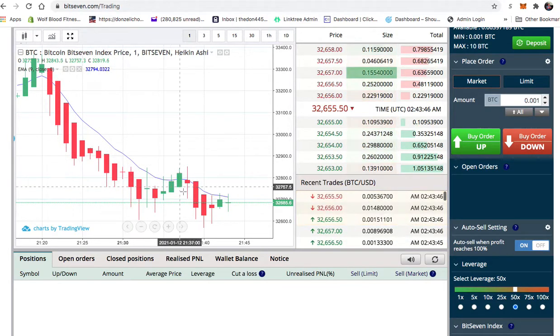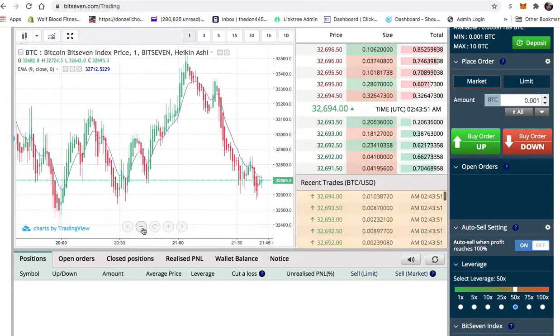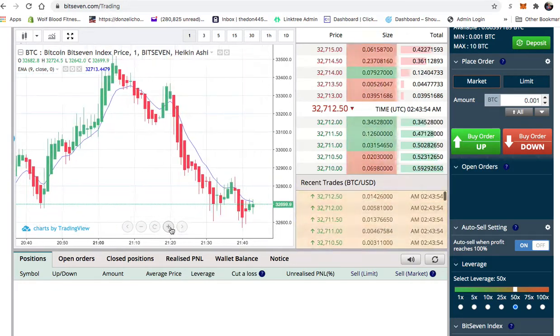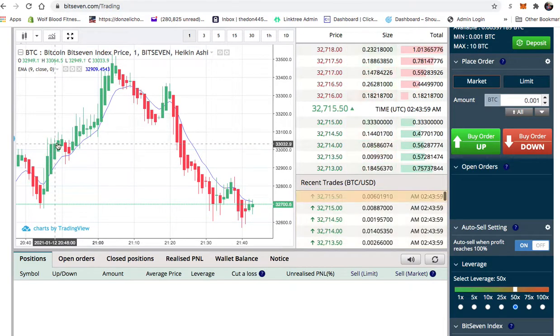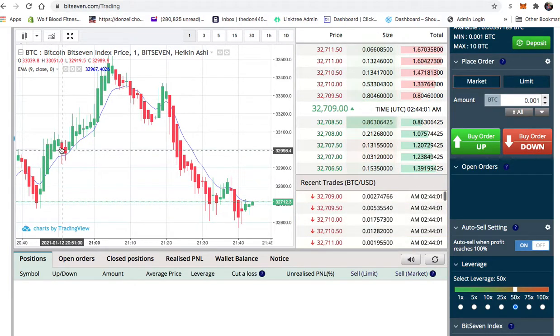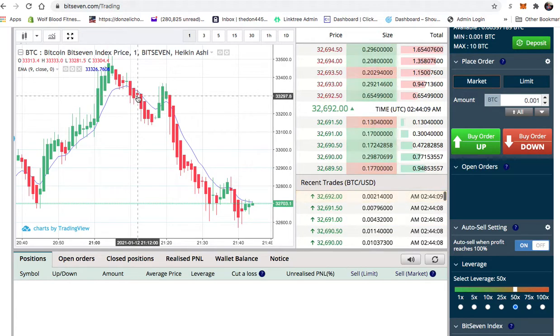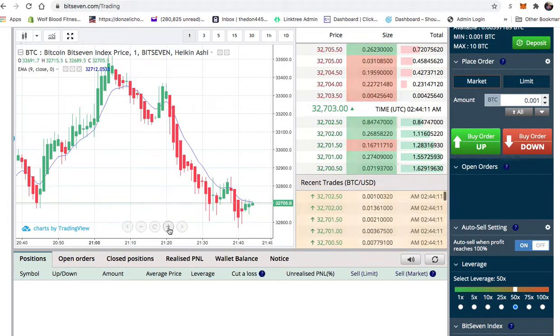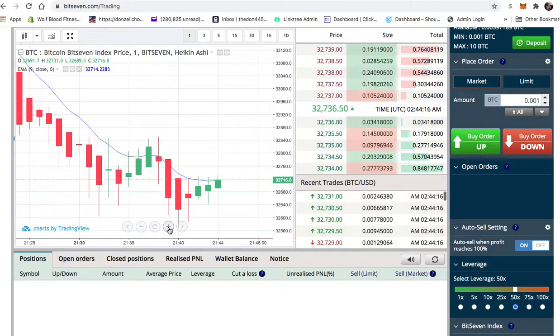A lot of times what I do see is if you back this off, it does act as a level of support sometimes. So you see right here, where the candles turned red, they come down and hit the moving average, bounce off, come back up. It's not always accurate, but I just like it on there for the movement, and it kind of goes with the movement of the chart. It does give you a little bit of an idea.